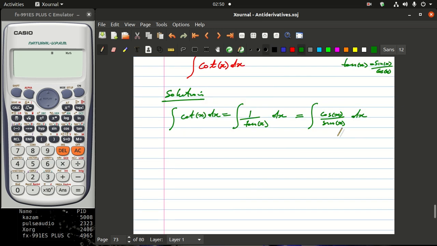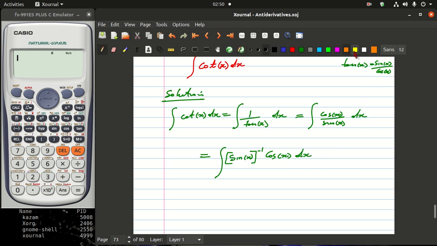And then if you look carefully into this one here, you will find out that sine is in the denominator. So we are having this function here, and you have sine of x, but it's in the denominator, so we give it an exponent -1 to say it is in the denominator. And then we have a cosine of x dx.